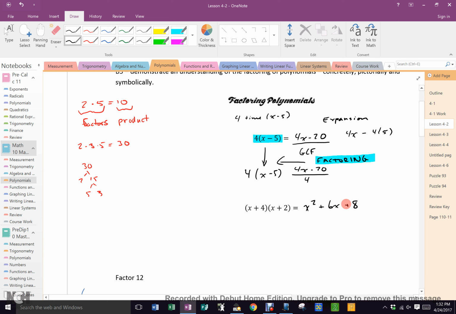Now, if we were going to draw this, I'd have x and 4, wouldn't I? That's one factor. And down here, I'd have x and 2, second factor, right? And in the middle, I get x squared, 1, 2, 3, 4, 5, 6, and 1, 2, 3, 4, 5, 6, 7, 8.